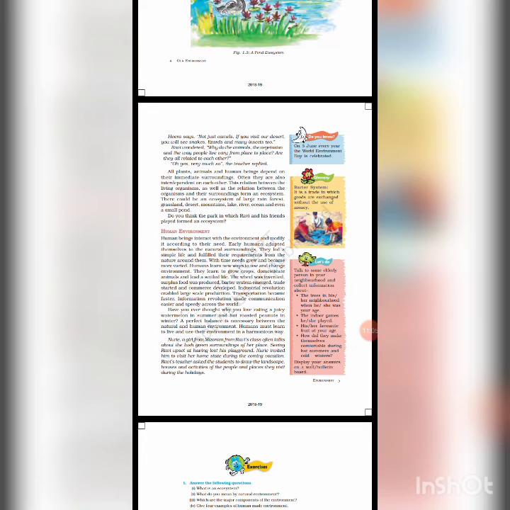Atmosphere is the thin layer of air that surrounds the earth. And the last, ecosystem: the relation between the living organisms as well as the relation between the organisms and the surroundings forms an ecosystem.